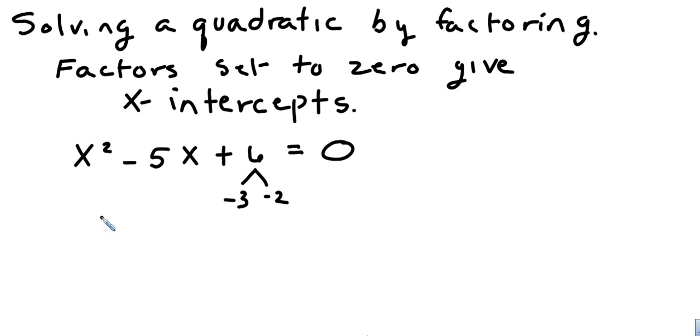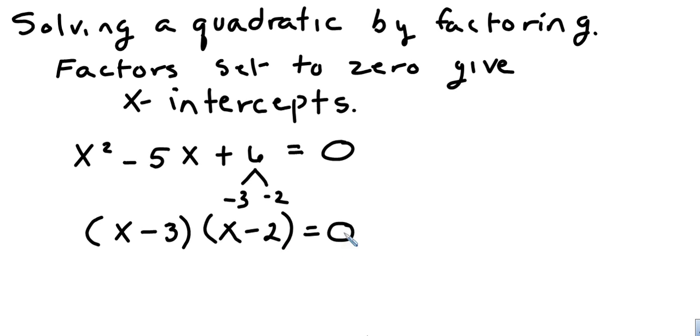Well, if I take those and set them up as factors, (x minus 3)(x minus 2), and this was an equation, so this is still equal to 0, I can use something called the zero product property. The zero product property tells me that if I have two things that are multiplied together and they equal 0, then one of those things that I was multiplying has to equal 0.